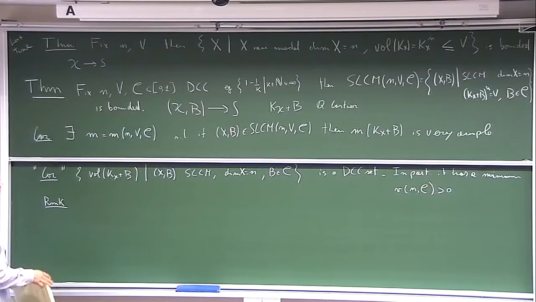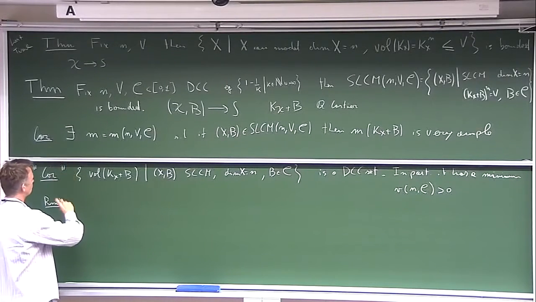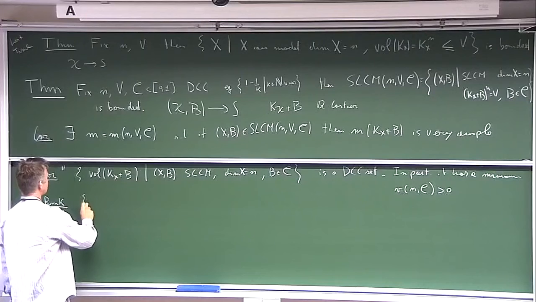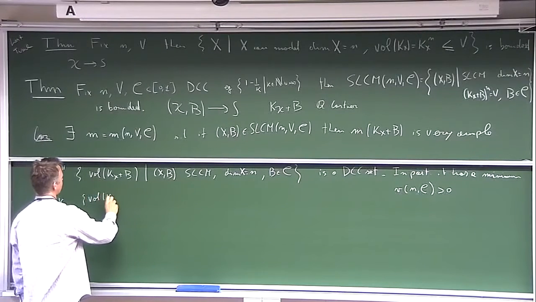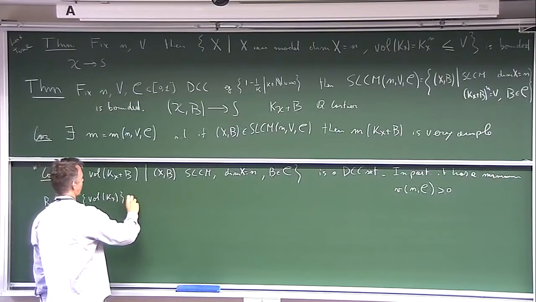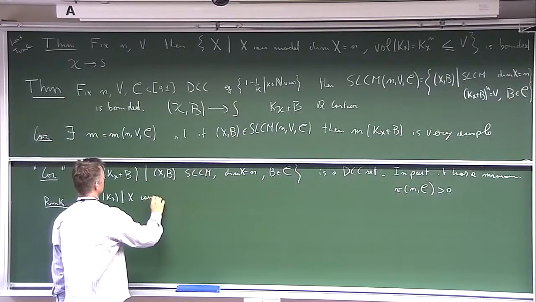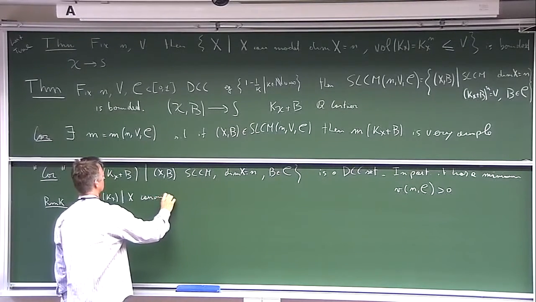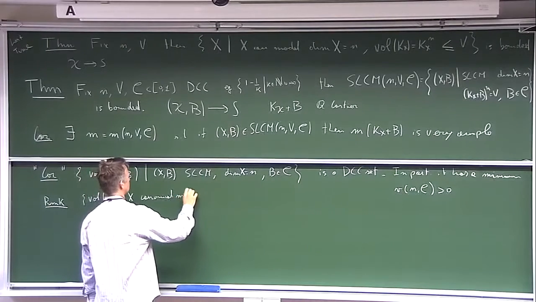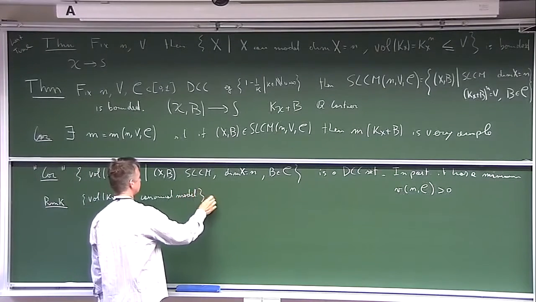The other remark, I wanted to emphasize that what we saw last time was that the set of volumes of K_X, where X is a canonical model, so it has canonical singularities, then this is discrete.